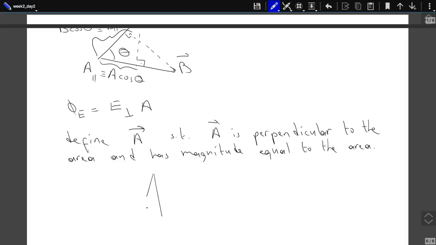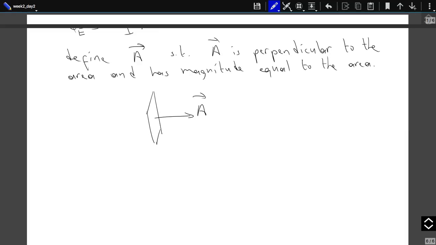So for example, if we have this area, you can choose this as your area vector. If you choose this as your area vector, this electric field line would give you a +1 contribution to flux. It is going in the direction of your area vector.